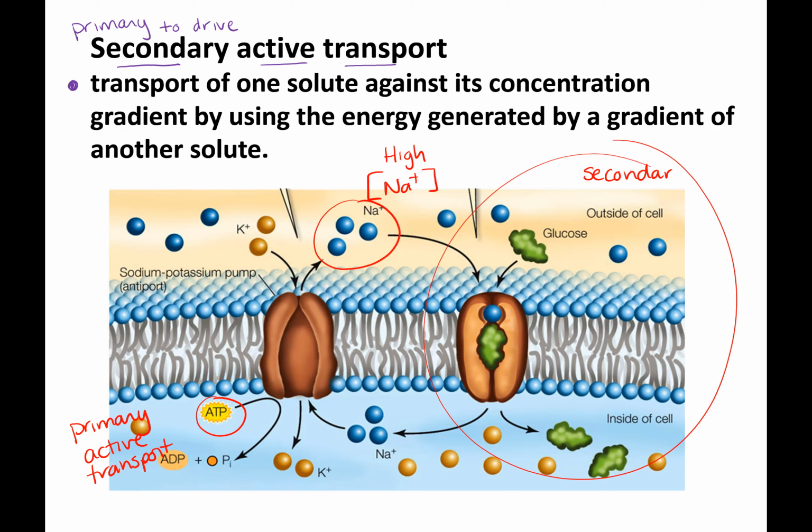And that's where glucose is being moved from low to high concentration, which we know requires energy. But instead of using ATP, it uses the energy by a gradient of another solute. So it's using the energy of Na+. So Na+ is now moving high to low.